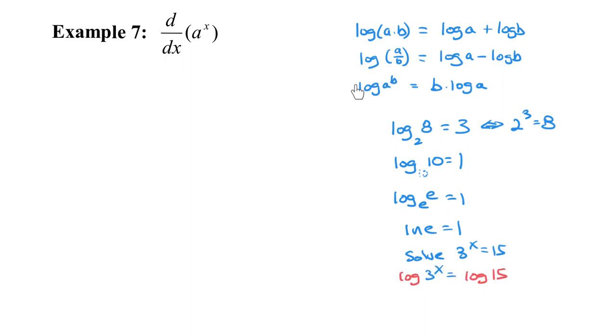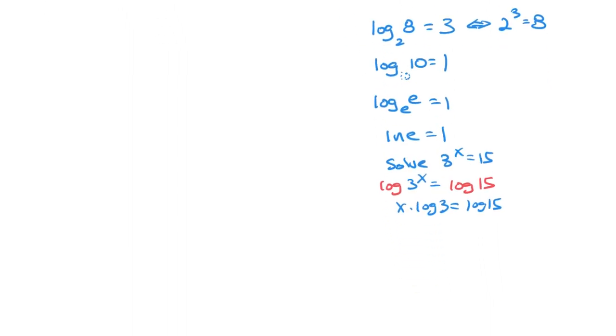And then with this rule here, this x can come down, so we get x times the log of 3 equals the log of 15. And then, of course, we want to get x by itself, so we just divide each side by the log of 3. These will cancel, and we'll get x is equal to the log of 15 over the log of 3.